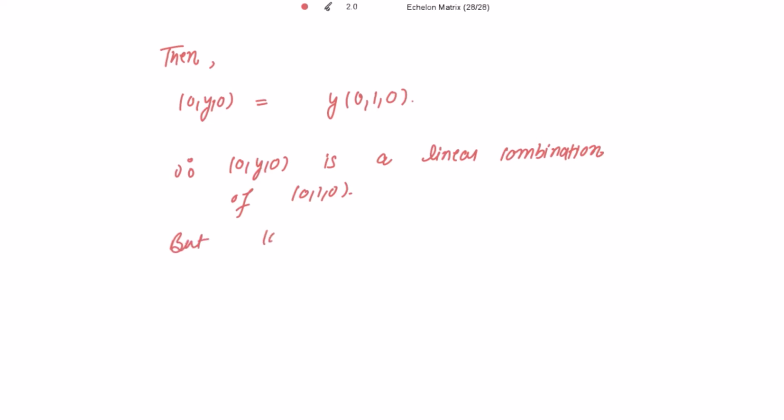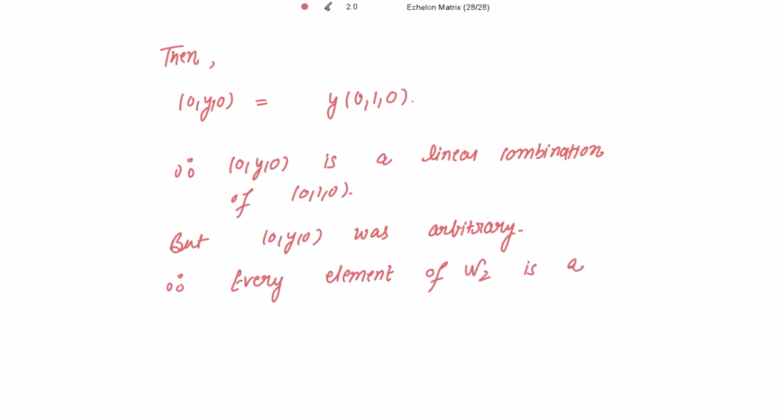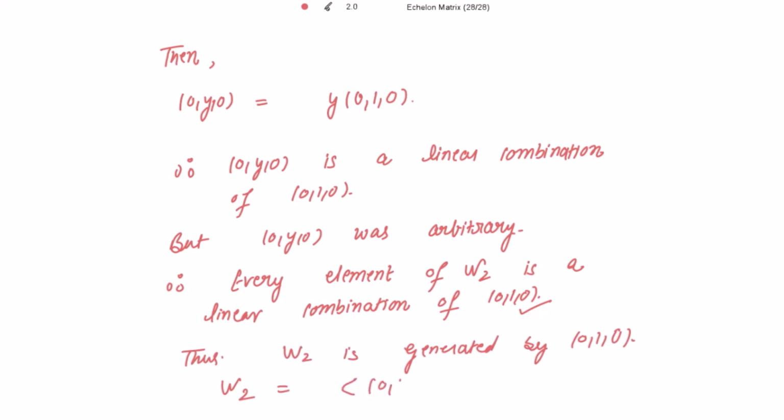But this element was arbitrary. So therefore, every element of W2 is a linear combination of (0, 1, 0). And when every element of W2 is a linear combination of this vector, that means this vector generates W2. So (0, 1, 0) is a generator for the W2 subspace.